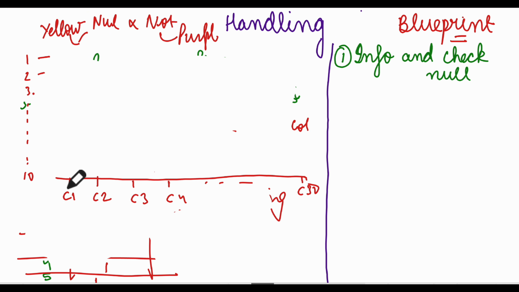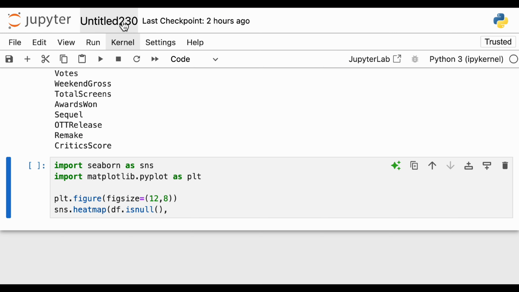And I'll create a map. For each there will be a purple line from here to here. Now if there is missing data, there will be golden dots like this. With this we will get to know across all the 1000 rows how my missing values are concentrated. You will understand more once I create it.